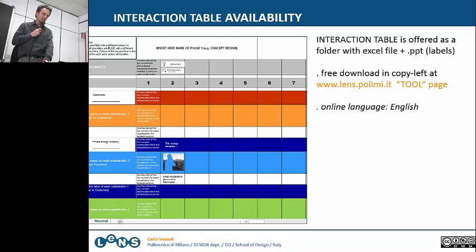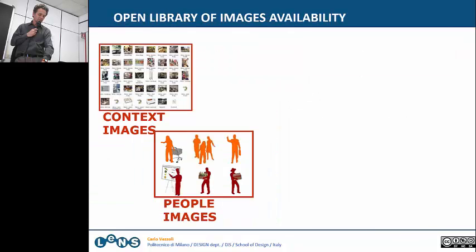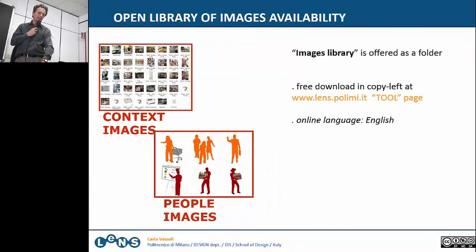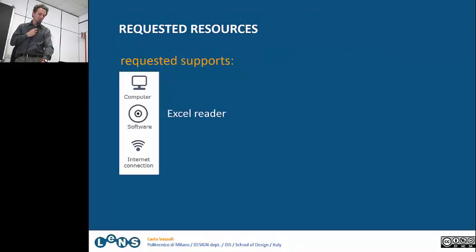So far, the language that we have here is English, but we are going to develop these kinds of tools with a partner of the Lenses project in Chinese, in Portuguese, and in Spanish. And then you can download the image library. It's a folder in which you will find all of those.